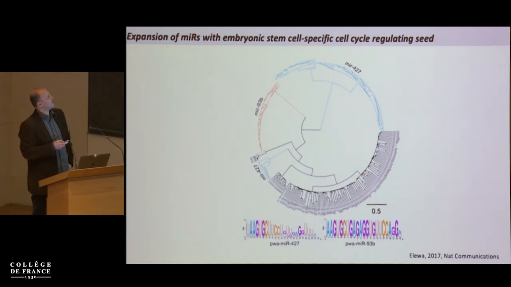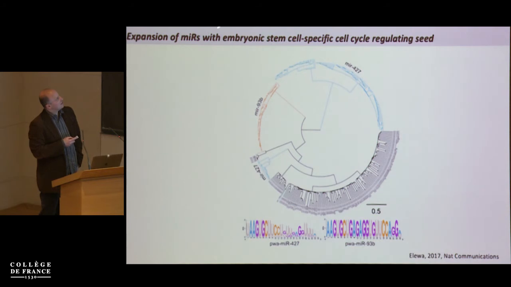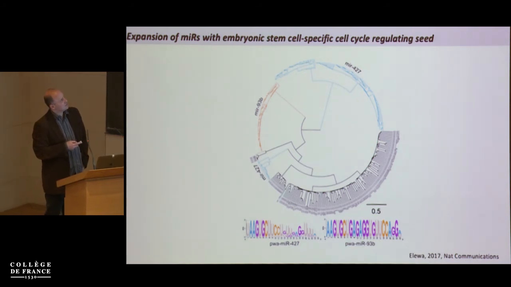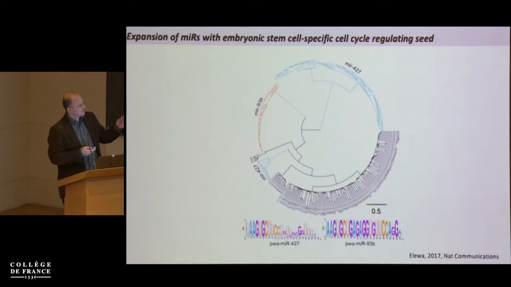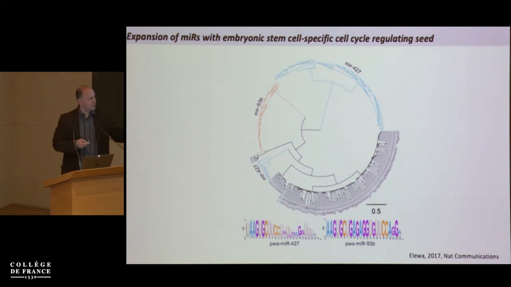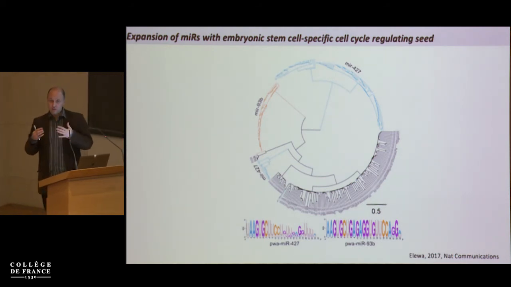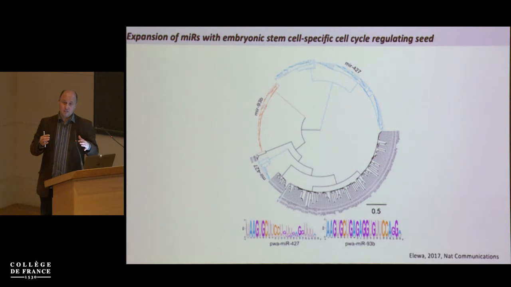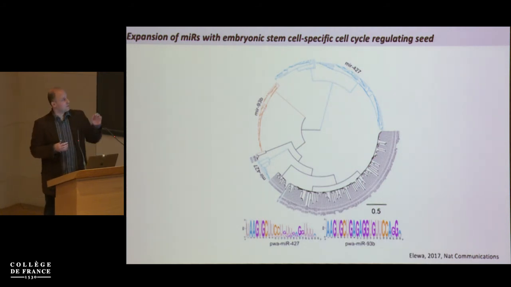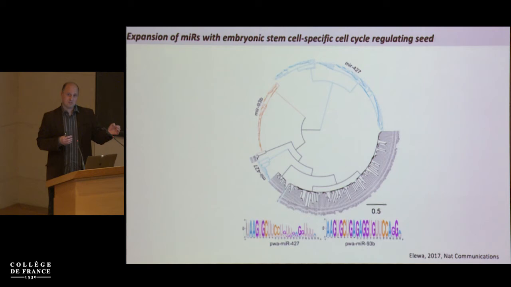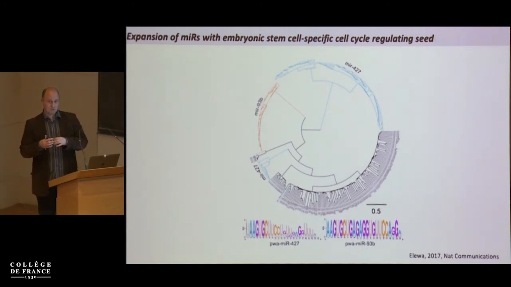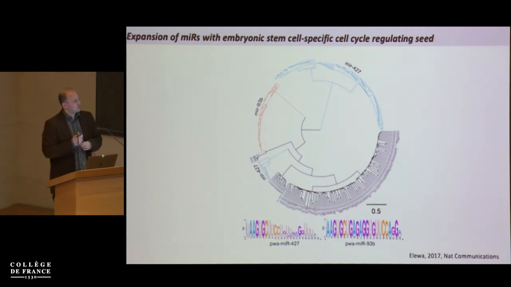Another type of expansion is actually expansion of microRNAs, which have an embryonic stem cell specific seed sequence. Now, this is very interesting because these microRNAs are usually in mammals only expressed in the early embryo. They are very important in the maternal to zygotic transition after fertilization.